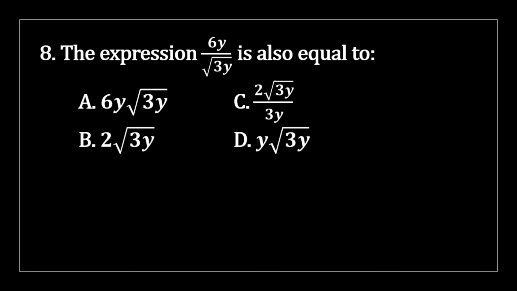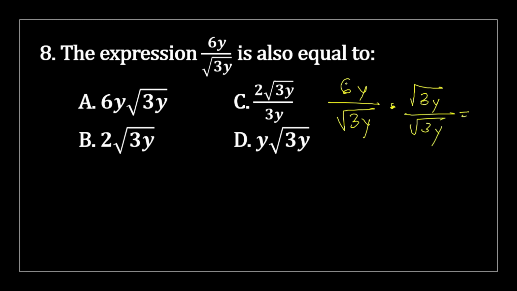Number 8, the expression 6y over root of 3y. We need to rationalize it and remove the radical symbol in the denominator. That's the first thing that we will do. All we have to do is multiply it by root 3y over root 3y.